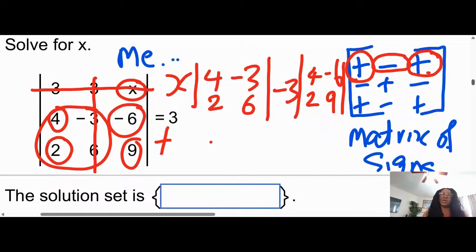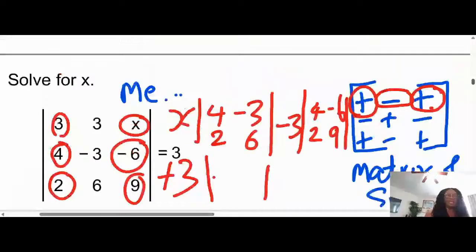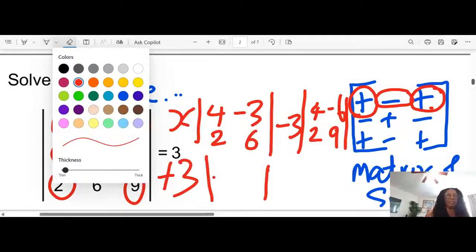Either way, I still have the same signs. So I have plus 3. Then I want to get the 2 by 2 matrix that I will evaluate, after canceling the row and the column. I don't know why the pen is trying to run away from me. Let me change color.